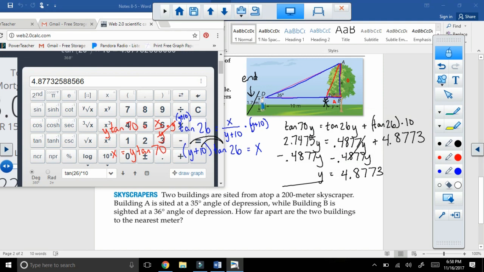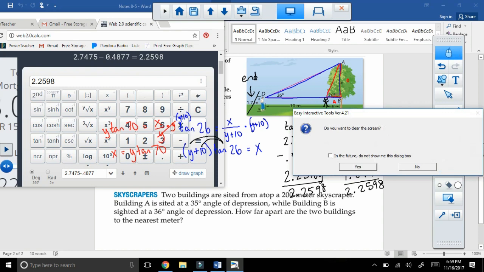I can just do all this work together. So I have 2.7475 minus 0.4877. So that's this number here. Well, I guess I will go back and forth. So that is 2.2598. And then remember, I'm going to have to be dividing by that to finish solving for y.